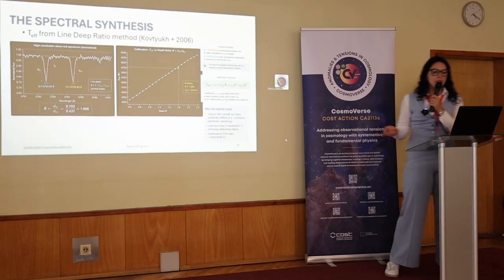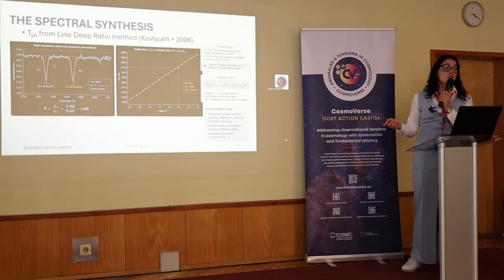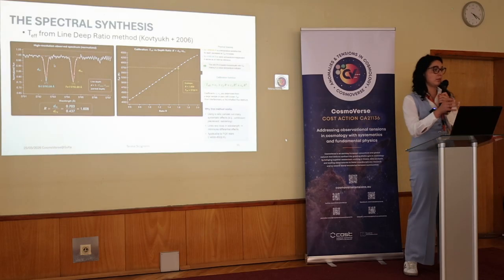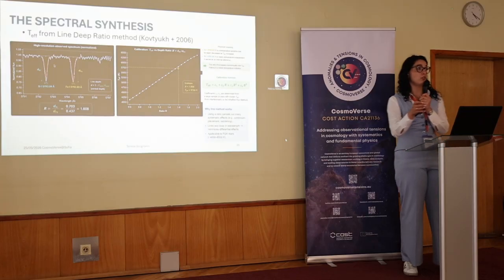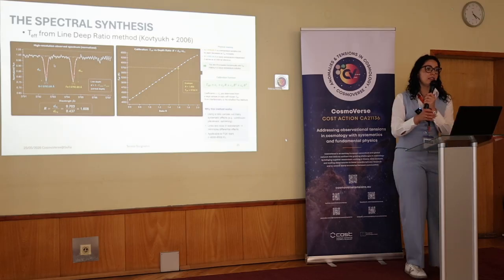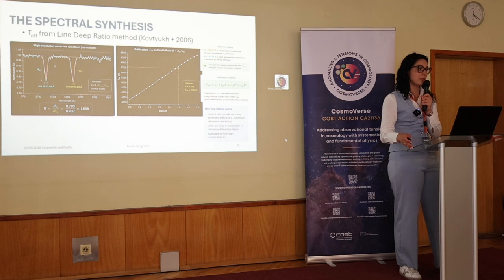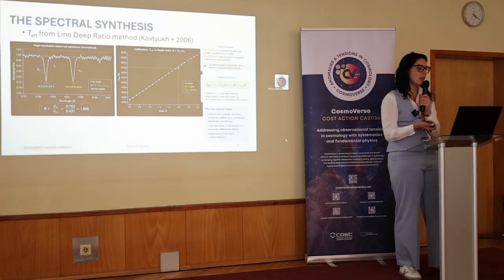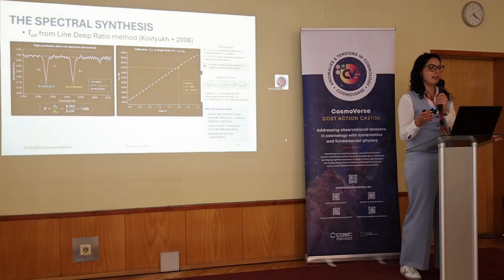The important point here is that, first of all, the two lines should be close enough in the continuum, so they have the same continuum estimation, and also so that we don't have reddening effects. If we are looking at a line at a certain wavelength and another line that is far away in the spectrum, we can have some problems with the continuum definition and also with the reddening, which does not work in the same way on the two lines.